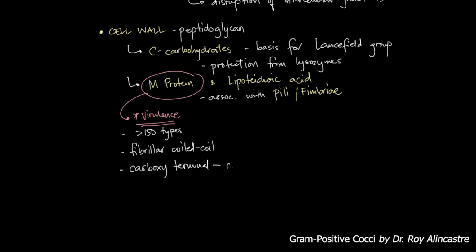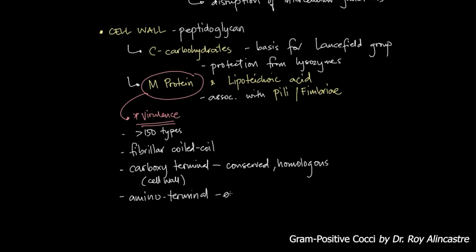The carboxy end or the carboxy terminus is rooted in the peptidoglycan of the cell wall. This end is the conserved part and it is homologous in the different types. And the amino terminal regions extend out from the surface.